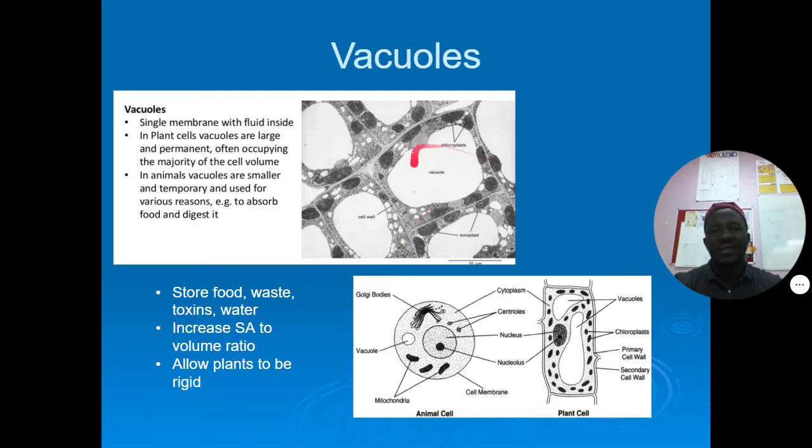Vacuoles are important in storage of food, waste, toxins, excess water, and mineral salts. They also increase the surface area to volume ratio, and in plants, vacuoles provide shape and rigidity to the cell.